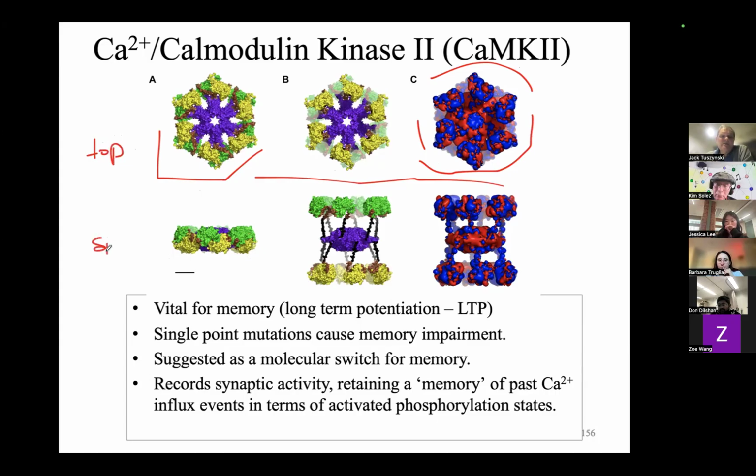The same enzyme seen sideways, and again you see now that it has sort of legs, and there are various metaphors for it.